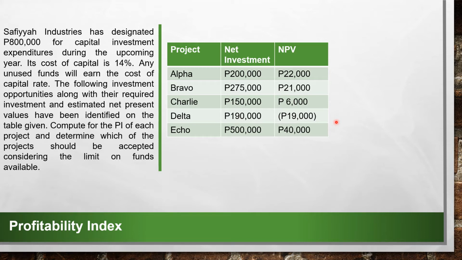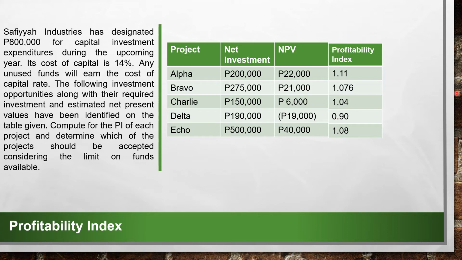So now, if you can get the PVCI, we can now get the profitability index. So for example, here in Alpha, we have 222,000 divided by 200,000. So we have 1.11.